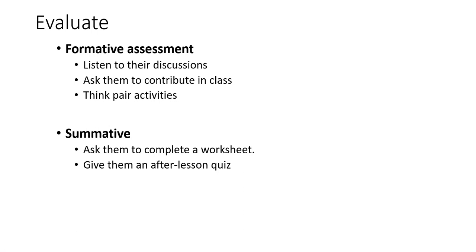Examples are you listen to them as they discuss, you ask them to contribute to class activities, you can do think-pair activities, you can do many more activities like discussion in their pairs. You can use things like clickers and the like. So that is formative assessment, assessment that happens as the lesson is progressing.